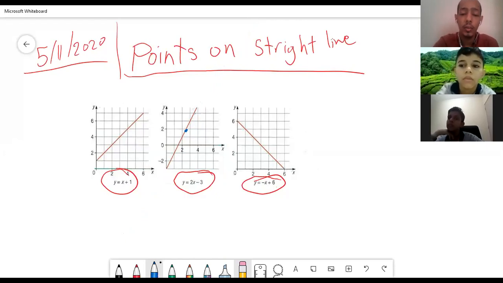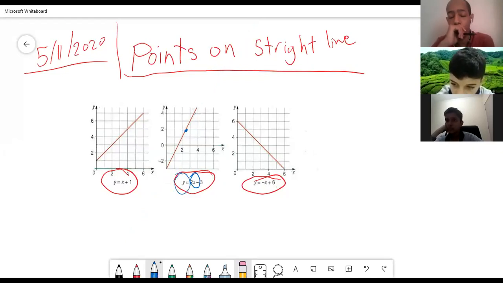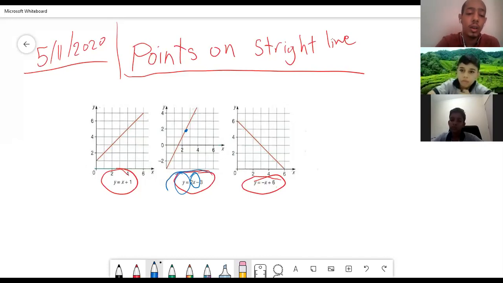It means if I plug in the values of x and y in the function, this must satisfy the function. This must give me equal sides, like an equation.